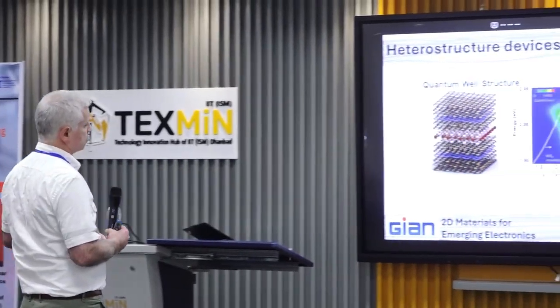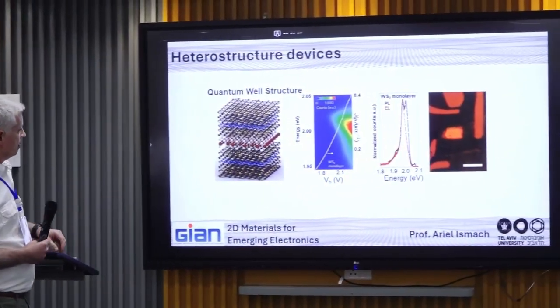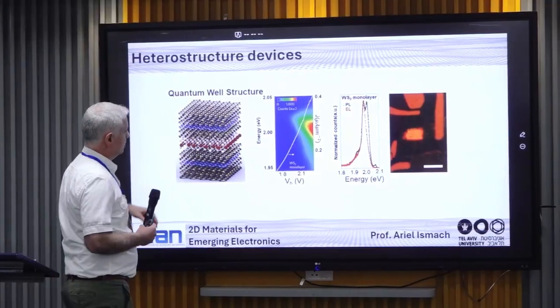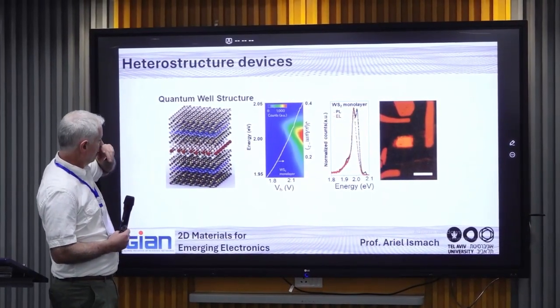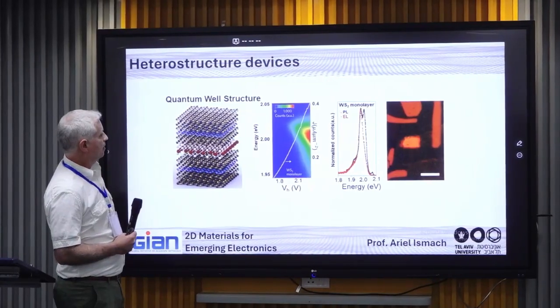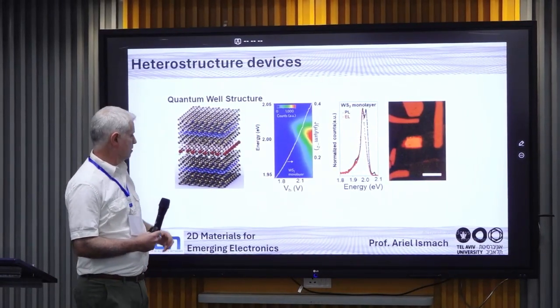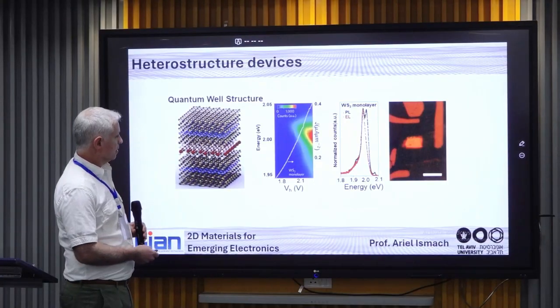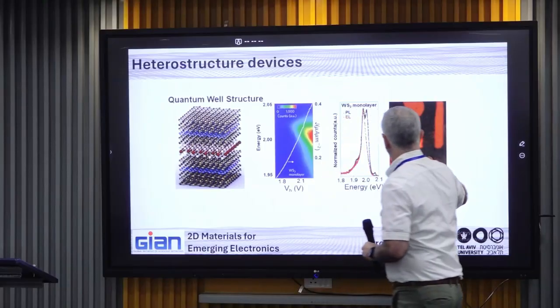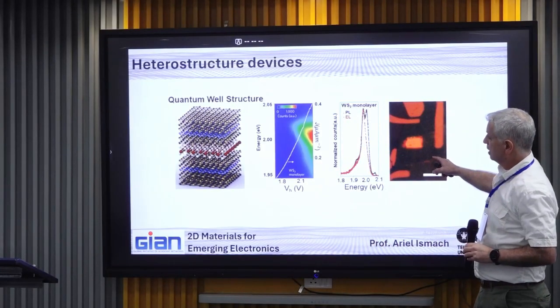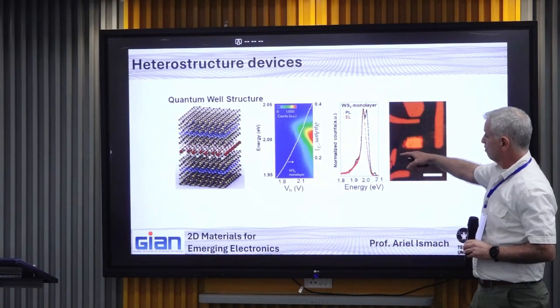In another case, with a more complex heterostructure, as you can see here, again done by the Lego concept and mechanical exfoliation. So you have hBN, graphene, and some TMDs. And in this case also they show, and here you can see the optical picture after doing the electroluminescence.